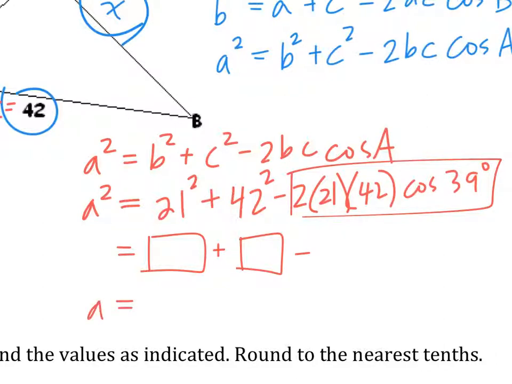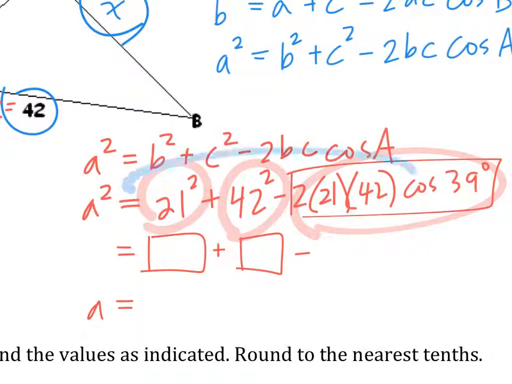So common mistake. Let's look at this formula. There are 3 terms. 1, 2, 3. You have to treat it as 3 terms. Common mistake: people take all of these numbers and put it together and then multiply by cosine 39. That is not correct. You have one term, one term, one term. You cannot take the coefficient of the last term and then just link it with the other terms.